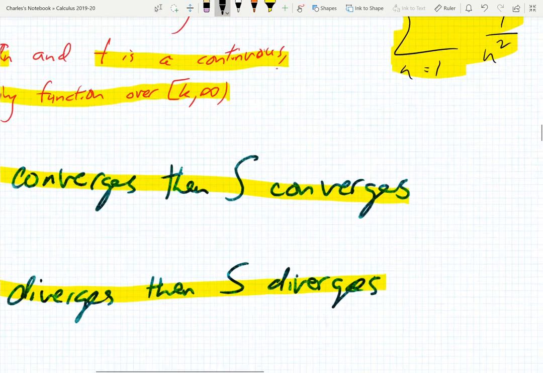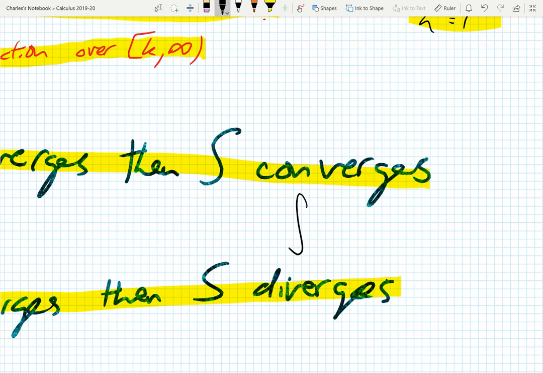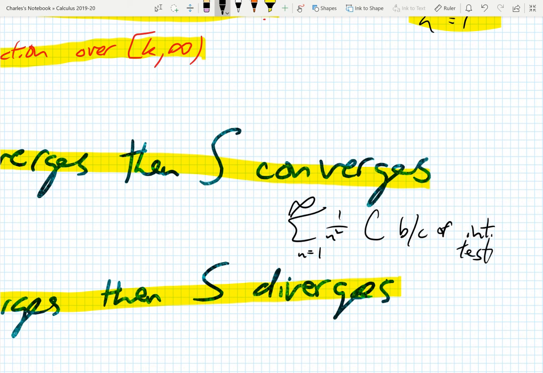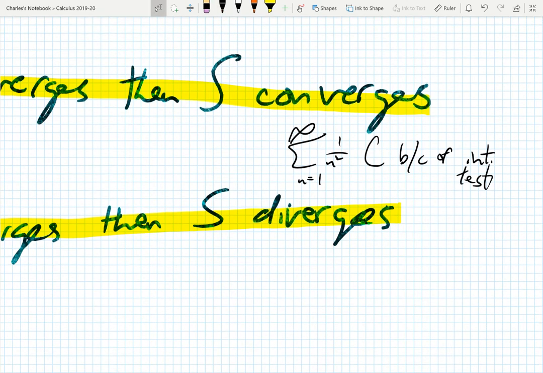And so, I dropped a hint before: if I had the sum of 1 over n squared, n equals 1 to infinity, you could say this converges because of the integral test. I'm not going to do the integral test, but you could.